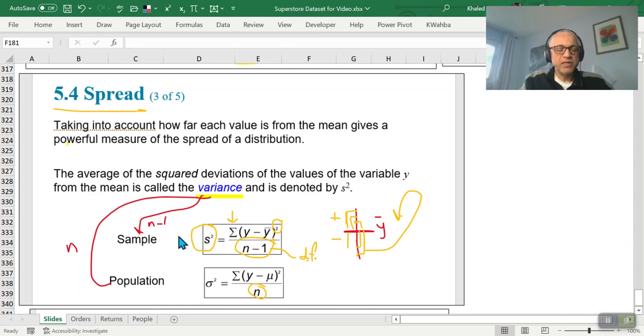And the smaller the variance is, it means most of the points are really close to each other.